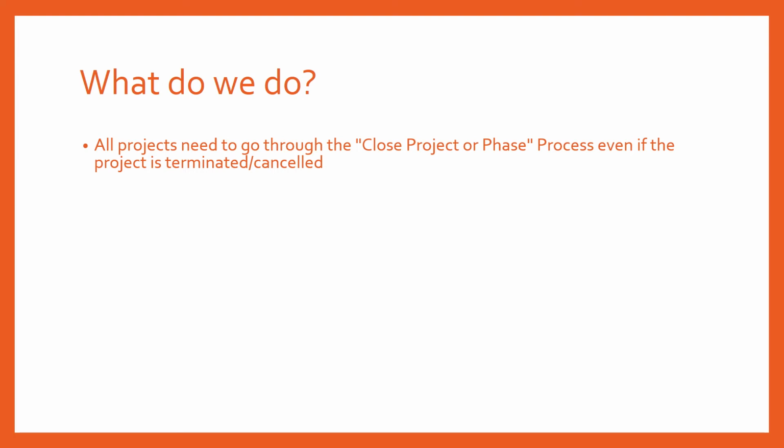What do you do next? Well, you move to the close project or phase process. You complete your lessons learned. You get a sign off that the project needs to be terminated, and then you close out the project. So even if the project is not complete, even if the project is terminated or cancelled, you still have to do the close project or phase process.